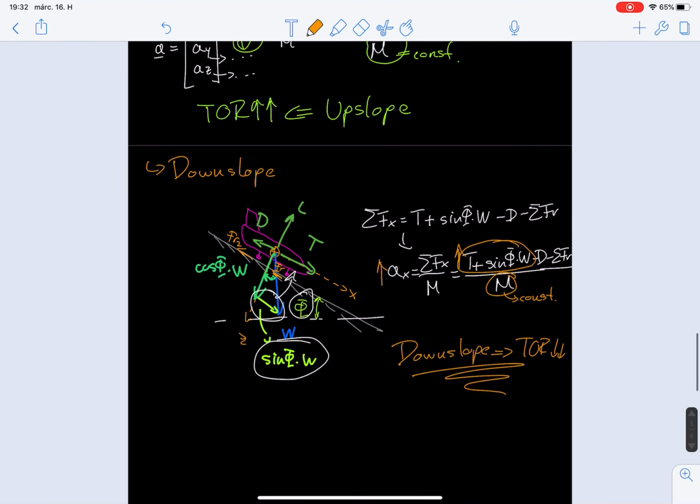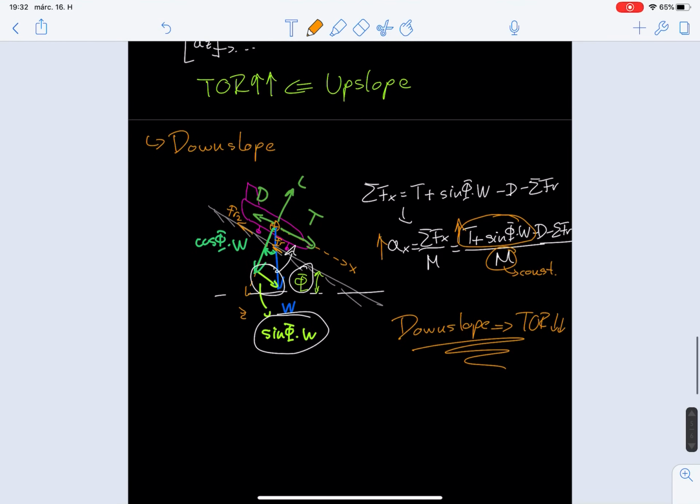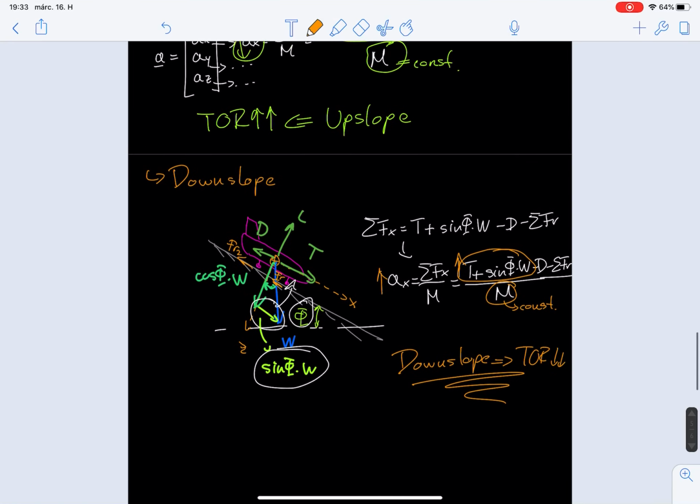And in case of the downslope, this component, the weight apparent thrust in this case we could call it, is added in the direction of the thrust, so to the thrust part of the excess thrust, and therefore increasing the acceleration, which decreases the takeoff run, because we can accelerate from wheel-off to the lift-off speed from the brake release point in a shorter distance.